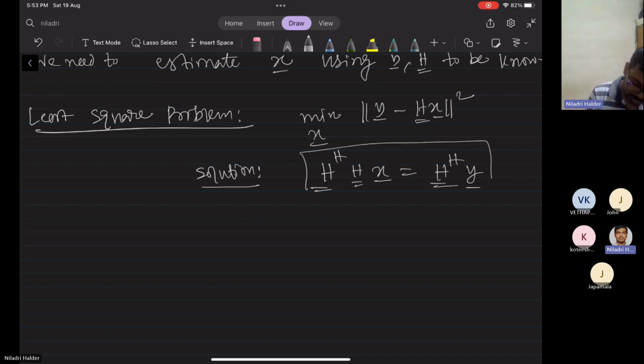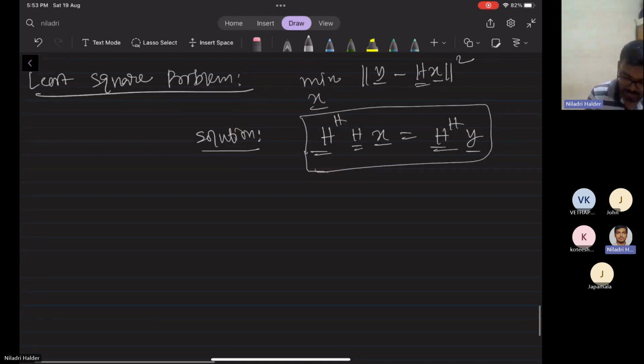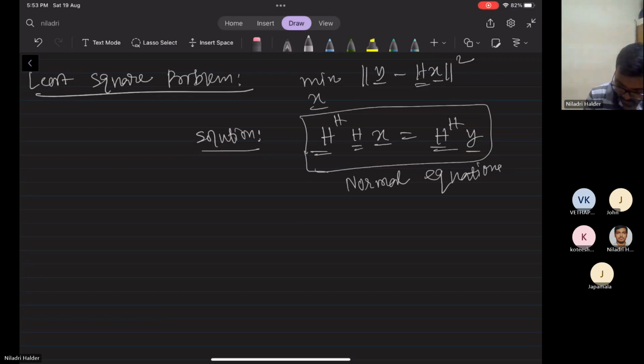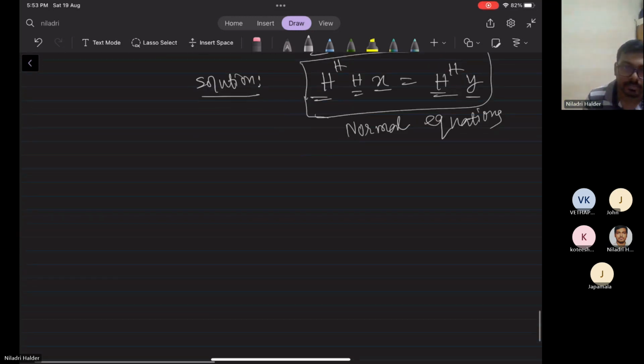So this is the solution. This is called the normal equations.